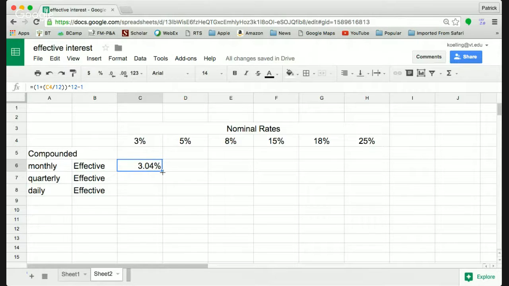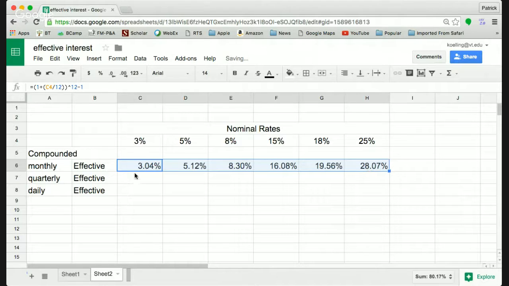I'm going to copy this across, and we'll find out what that is for all of these. Notice as the interest rate gets larger, the effective interest gets farther away from the nominal interest rate. 8.03, 16.08%, so we're more than a percent higher. Way out here at this high rate of 25 nominal, the difference between nominal and effective is over 3% interest.